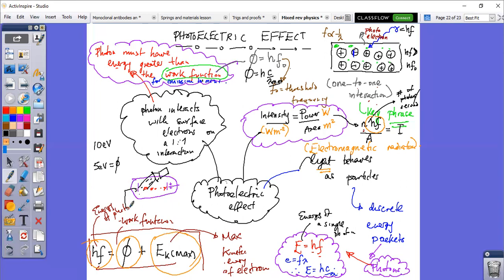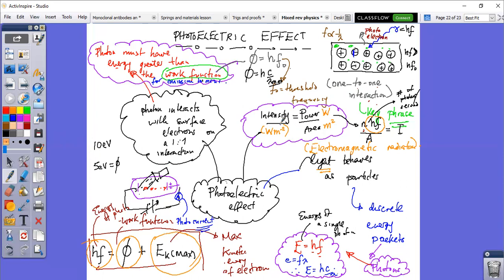Okay, so because it is a one-to-one interaction, and if you had an ammeter here, your ammeter would be measuring what we term as your photocurrent.